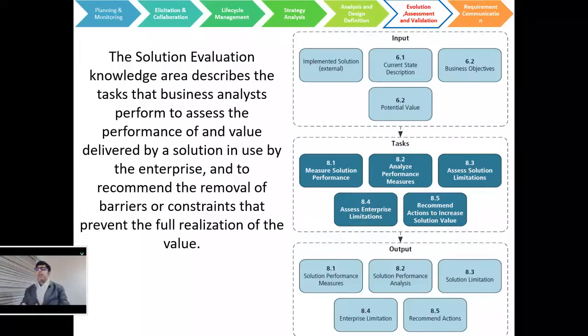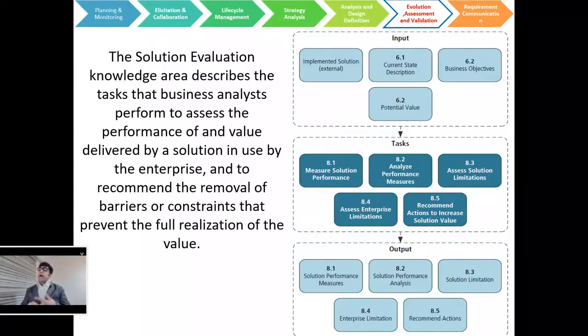So a few things which I recommend here: number one, the various tasks of the solution evaluation knowledge area help to measure, analyze, and determine the cause of unacceptable solution performance. Maybe you can go for audits and find out why a user or the solution is not able to achieve the value. This is one of the reasons.